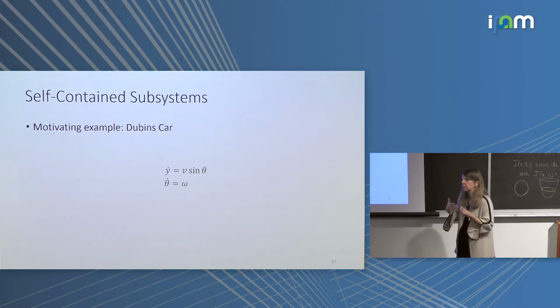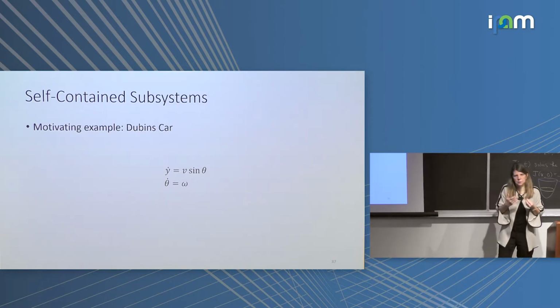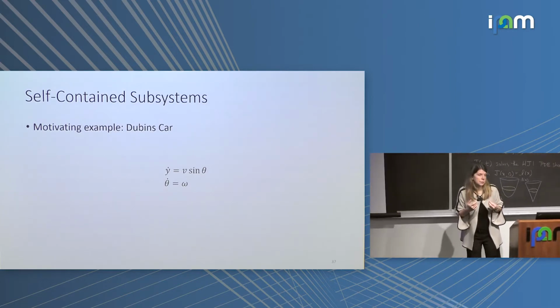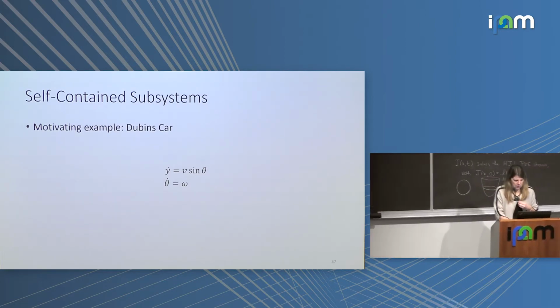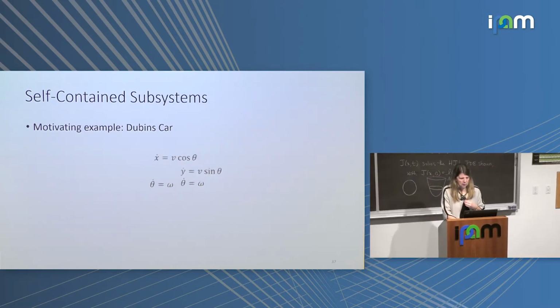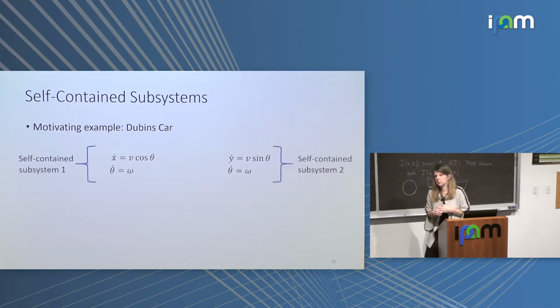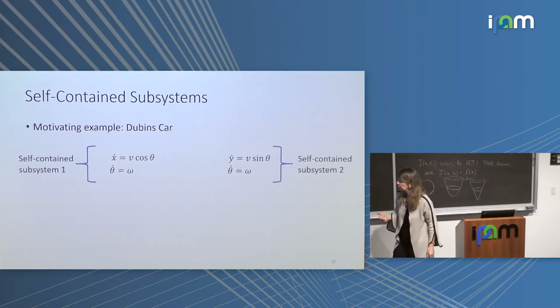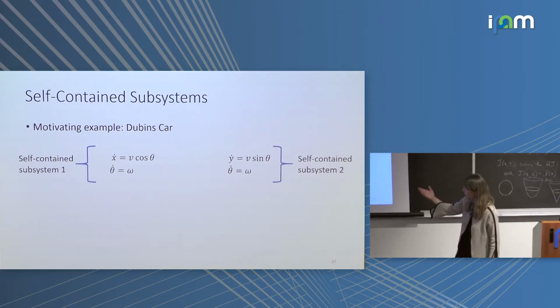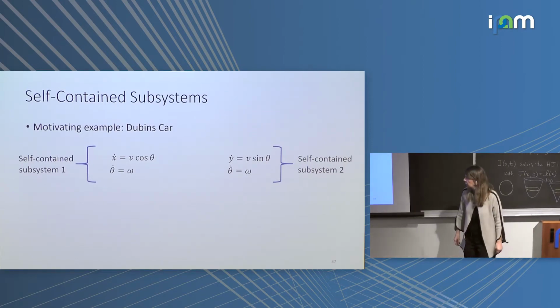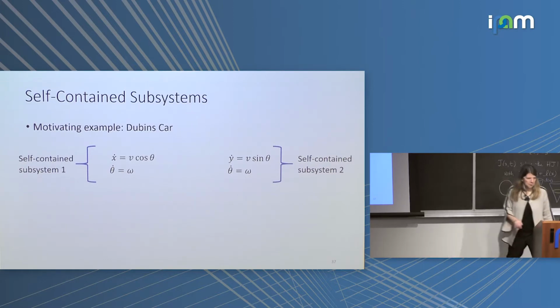So your vector fields contain the variables needed to solve that set of differential equations. In this Dubins car, we've got two self-contained subsystems. You're allowed to repeat variables, so we repeated theta, the heading variable, in the two subsystems.